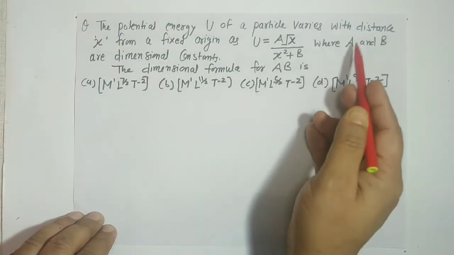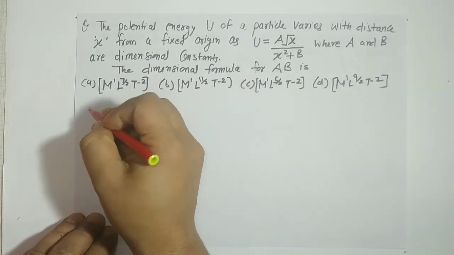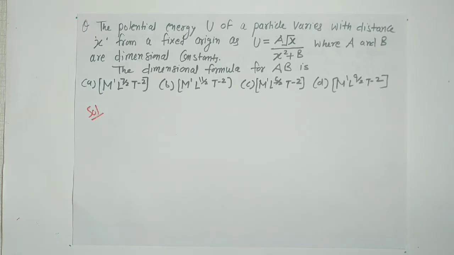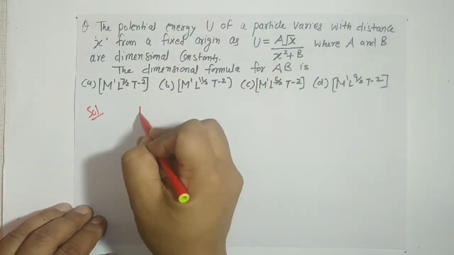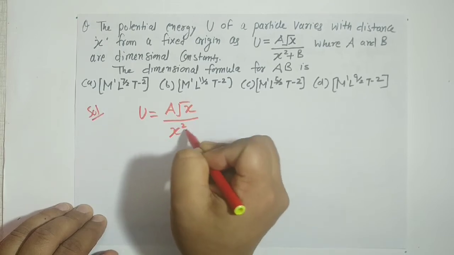The dimensional formula of AB you have to calculate. So we'll see how we are going to calculate AB. So we have U = A root x square plus B.